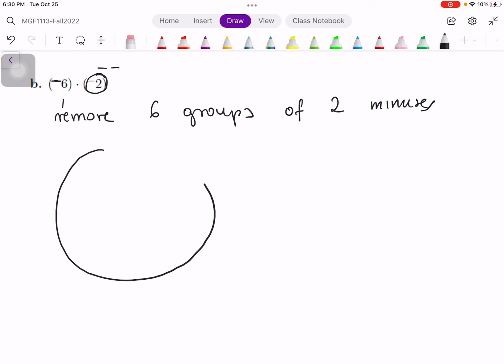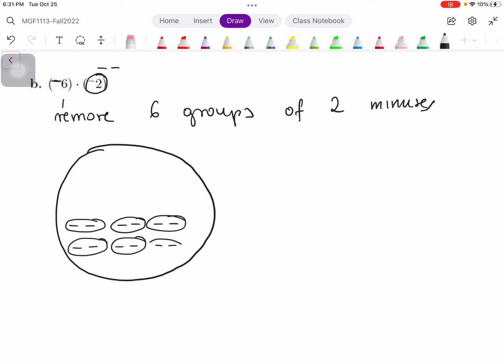I'm going to make a big circle. So 6 groups of 2 minuses. So I'm going to draw one group of 2 minuses, second group, third group, fourth group, fifth, and sixth. Since I'm supposed to start with nothing, then every group of minuses will be counteracted by the same group of pluses.